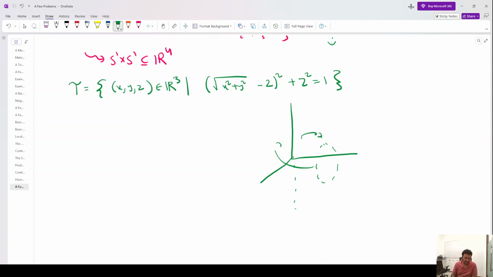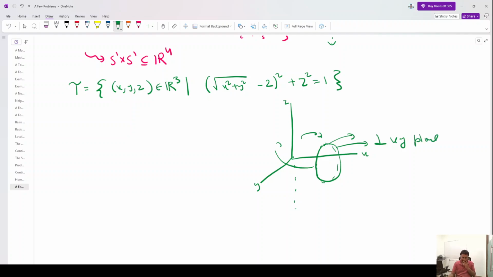So this is a circle in the XZ plane, and the revolution is also happening. This circle is perpendicular to, say, the XY plane.